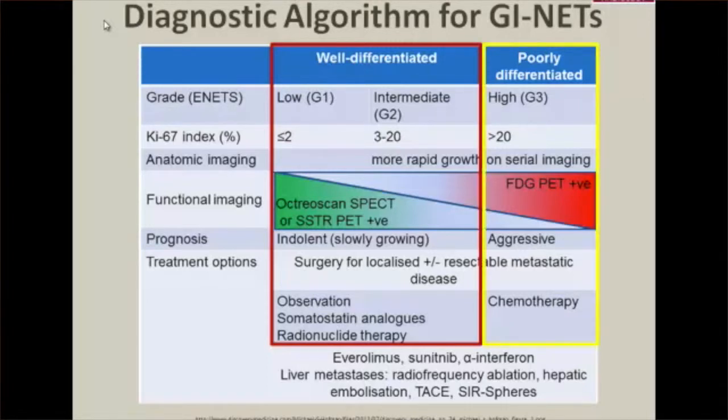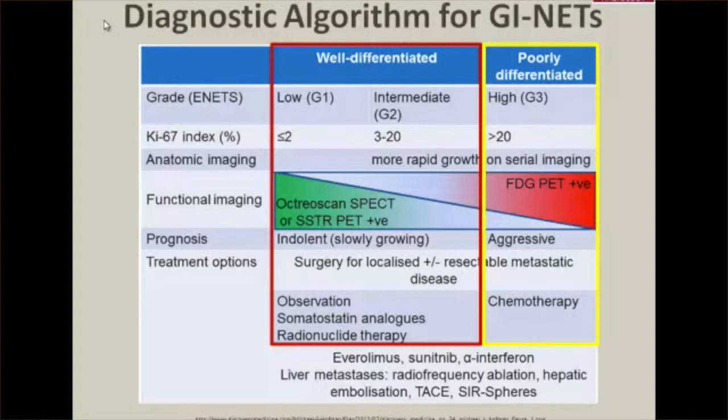That's a little bit counterintuitive: if something is poorly differentiated, it's actually becoming more aggressive. So remember that is an inverse relationship. When we get to that point, they become positive in a different type of PET imaging that we'll talk about.